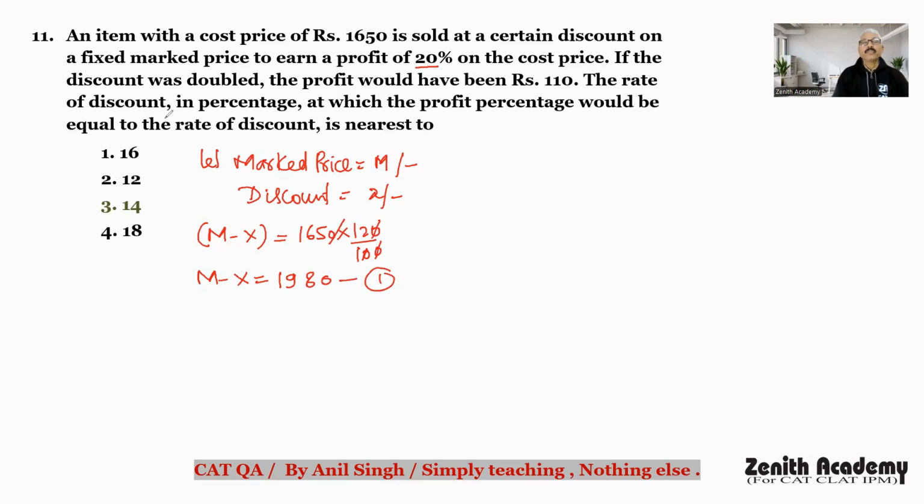In the second case, if the discount was doubled, the profit would have been rupees 110. If the discount is doubled, then it is M minus 2x. And now profit is given in terms of rupees. So the cost price 1650 plus 110 means it is 1760. So this is equation number 2, M minus 2x.